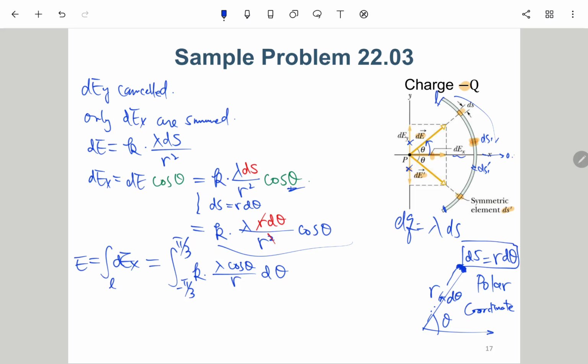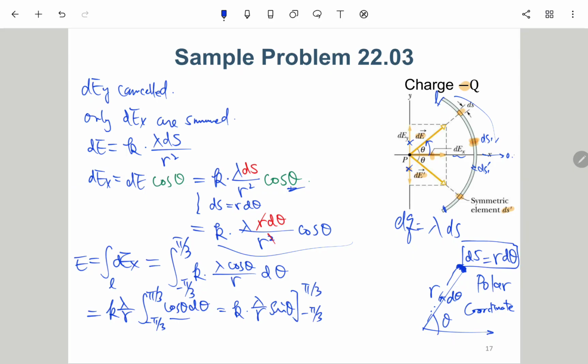Most of the stuff are constant. K, lambda, r are all constant. So we only integrate cosine of theta d theta from negative pi over 3 to pi over 3. Integrating cosine of theta is simple, which is nothing but sine of theta. So we have k times lambda over r, and then sine of theta evaluated from negative pi over 3 to pi over 3.